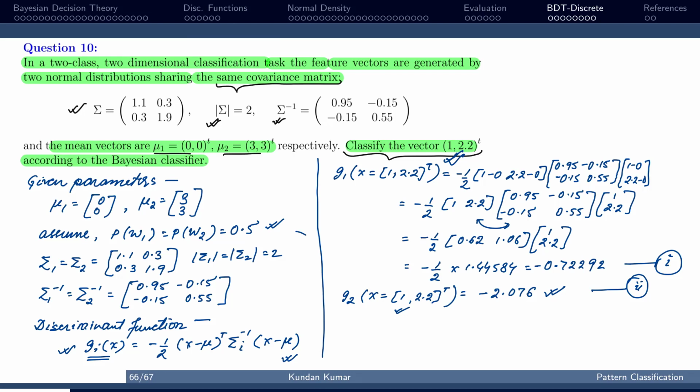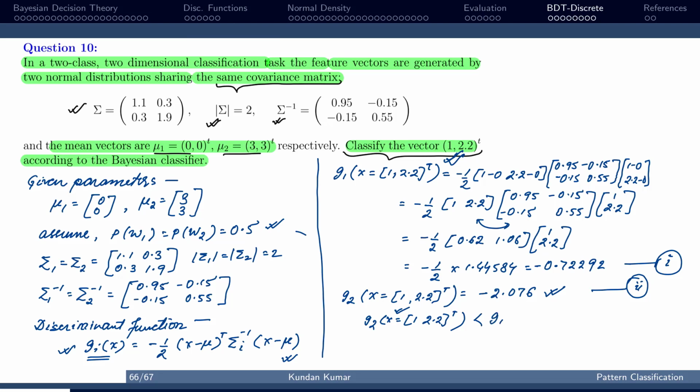So from these two values we can observe that the discriminant value of this sample for class 2 is less than the discriminant value of this sample for class 1. That means g2(x) for x equal to (1, 2.2) transpose is less than g1(x), because minus 2.076 is less than minus 0.722.